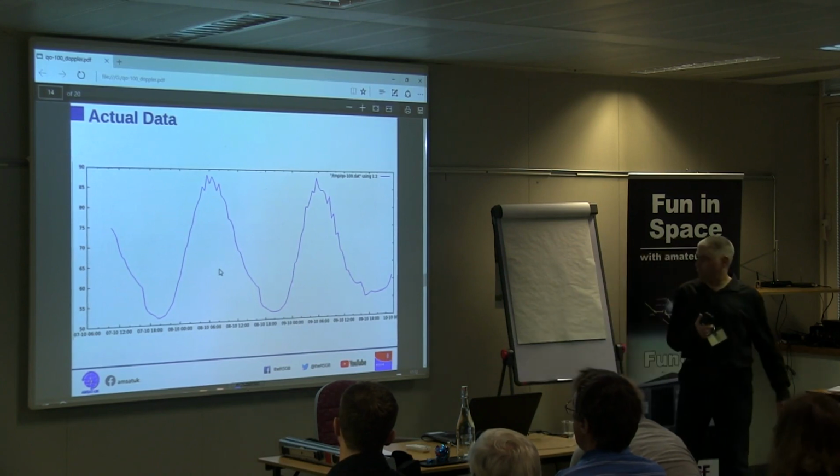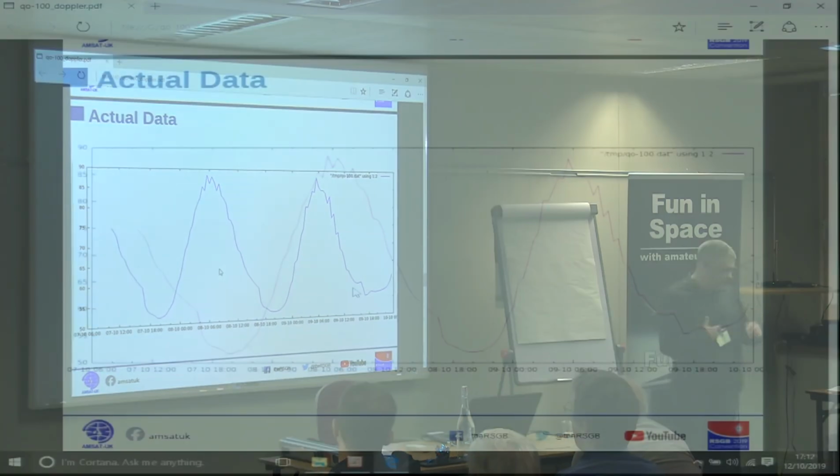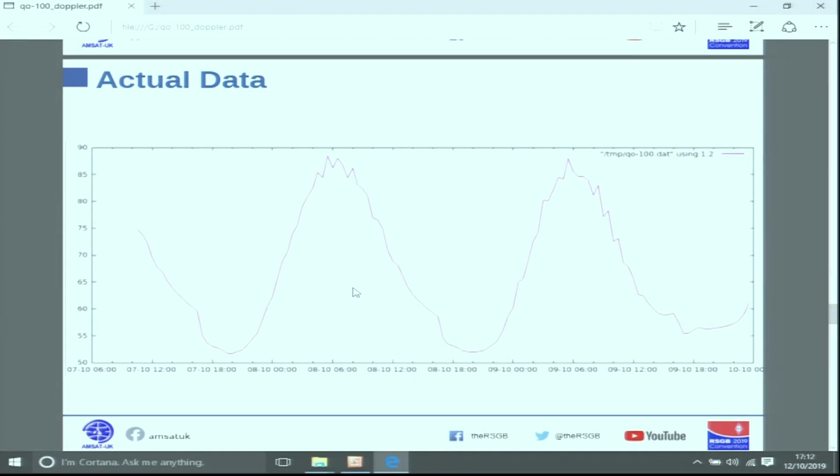Now, at first look, that actually looks quite a good graph, and kind of what I expected. And then I looked closer at the x-axis and realized it was over 2 days, rather than 1. Now you can see, roughly speaking, two cycles there. I was expecting to see 2 cycles in a 24-hour period, so 2 entire sine waves in a 24-hour period, not 1.